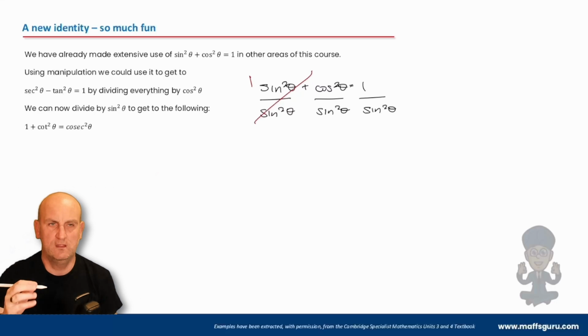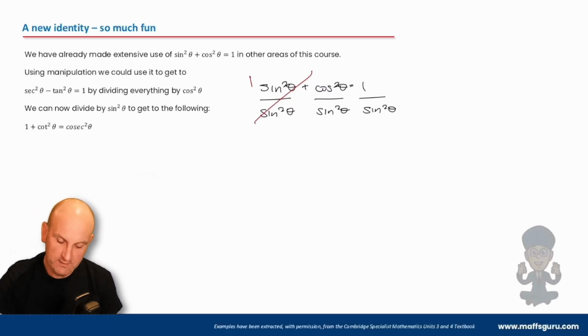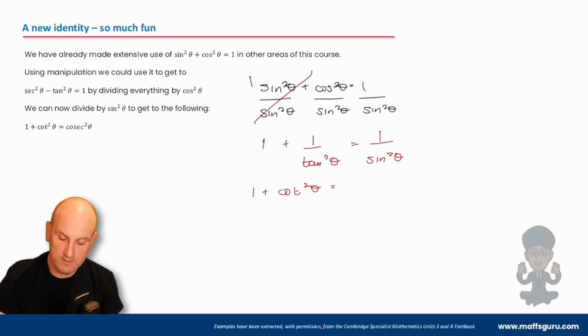Well, we know that tan is sine divided by cos, so sine squared divided by cos squared would be tan squared, but that's the other way around. Oh, well, it's 1 on tan squared. So that's going to be 1 plus 1 on tan squared is equal to 1 on sine squared. Well, hold on. We know that 1 on tan squared is cot squared, and we know that 1 on sine squared is cosec squared.